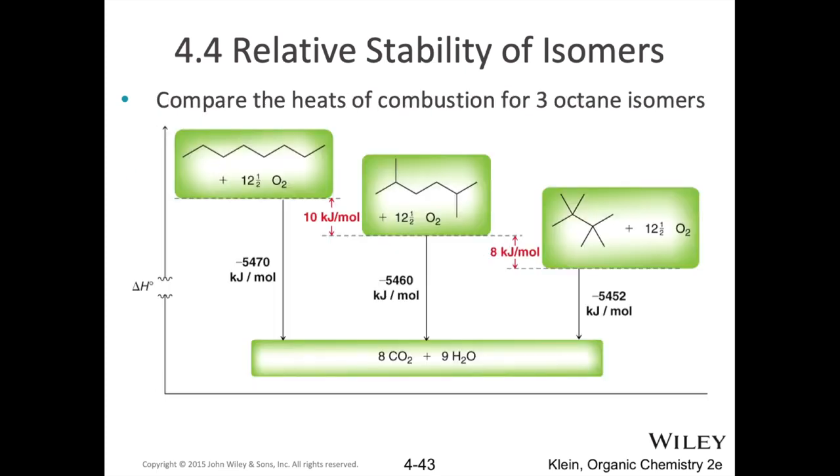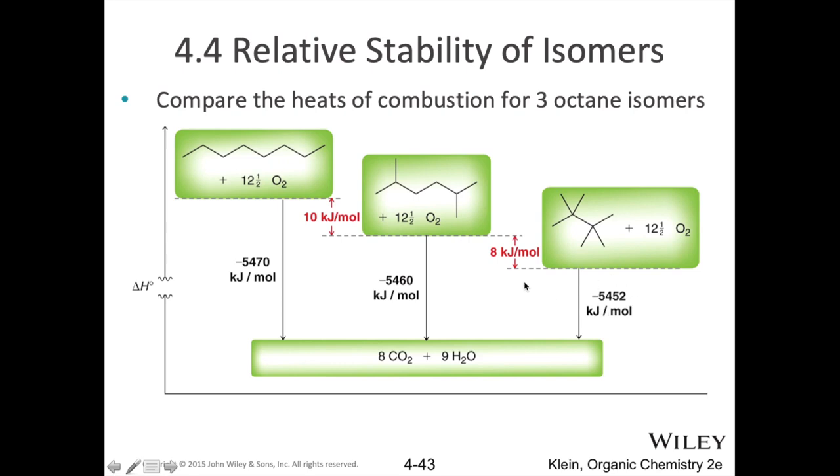If you're having trouble visualizing that, here's a graph representing it. You can see here that as we introduce branching to these 3 isomers of octane, the more branched our isomer is, the more stable it is potential energy wise, and therefore it releases less energy. All of these reactions are exothermic, don't get me wrong, all of these release a lot of energy, but by comparing the relative amounts, you can see that our straight chain version releases more energy than our highly branched version.